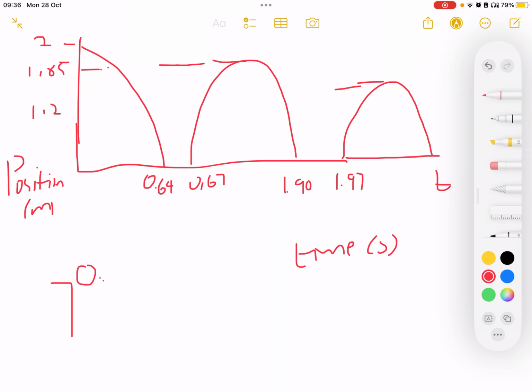It went here, then it took a jump to around here, went to maximum height, and then it took another jump, goes to maximum height, and came back down to the ground. So let's say this is our ground level. And that is why we see our graph looking like mountains, like Adidas or something.